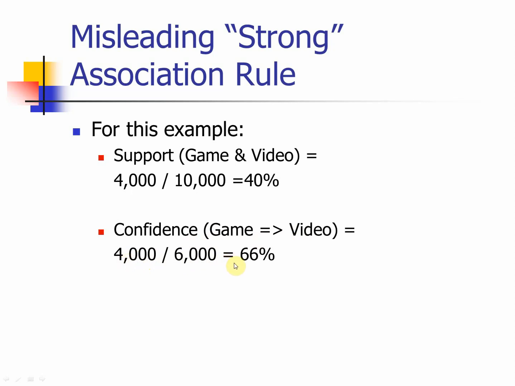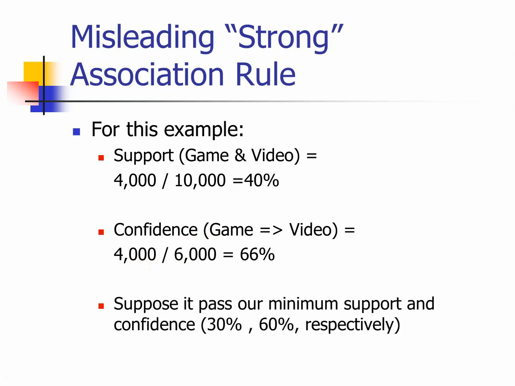So this looks like a good confidence. And therefore, suppose that our minimum support is 30%, which passes. Minimum confidence 60%, that also passes. So we may come to a conclusion that people who buy games will also buy videos based on our association rules definition. There's nothing wrong at this stage with giving that rule to the manager.